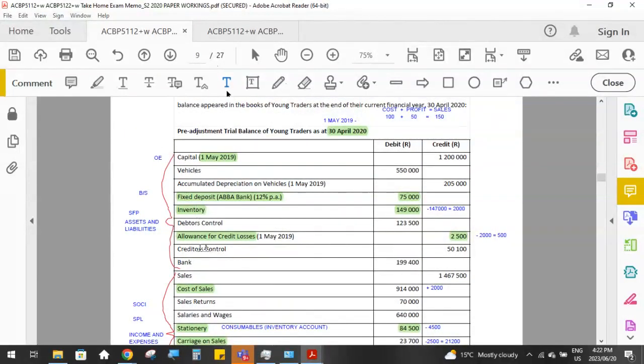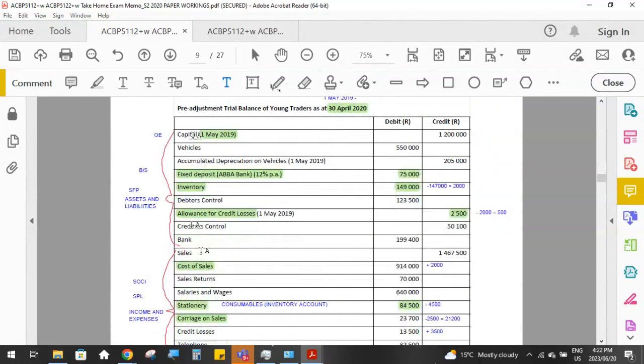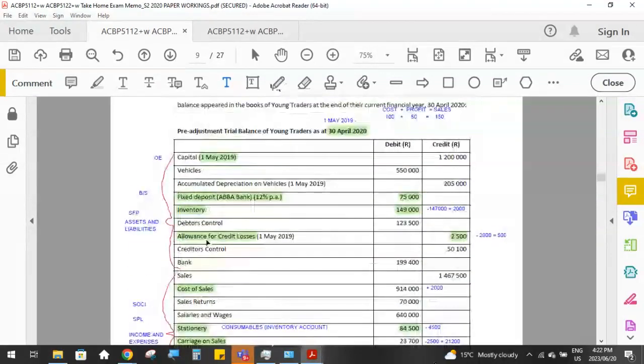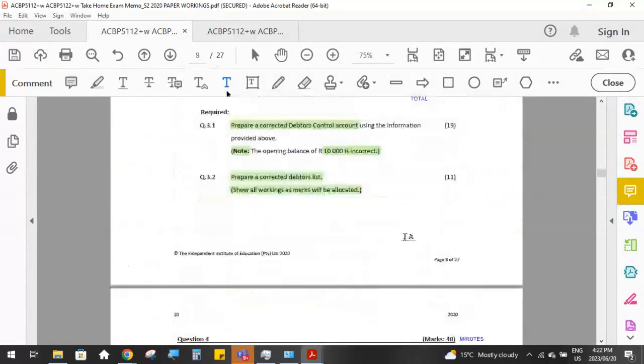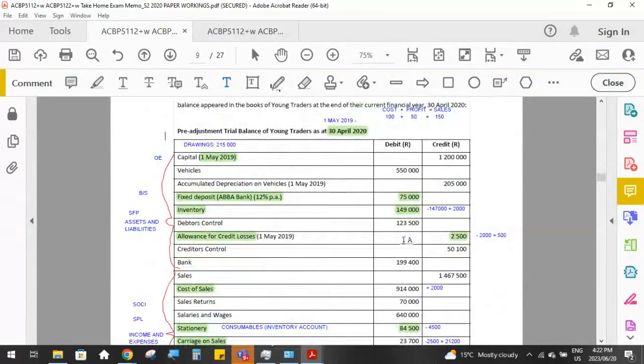Have they got the drawings account yet? No, drawings account isn't there yet. But the drawings account belongs on the balance sheet side, so I'm not going to write it at the bottom. Drawings was 215,000. So when we record that journal entry, we are going to debit the drawings account with 215,000 in order to increase it, and we will credit bank account with 215,000.